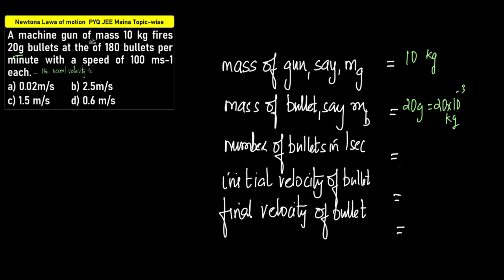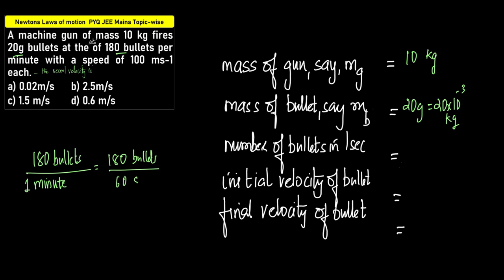Number of bullets in 1 second. It's given that 180 bullets per minute. How much will this be equal to? This will be equal to 180 bullets per 1 minute.